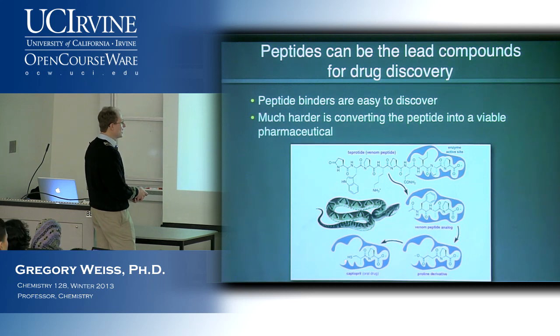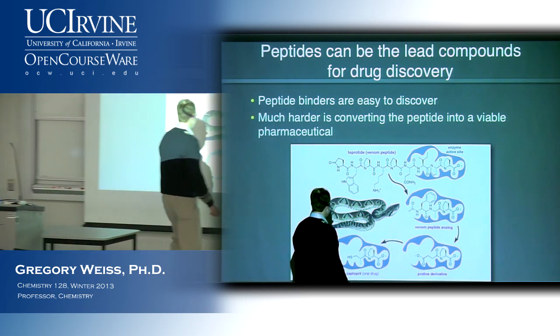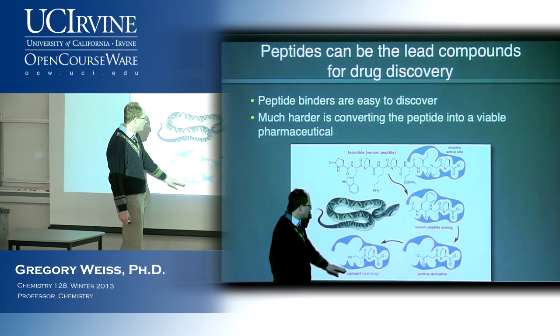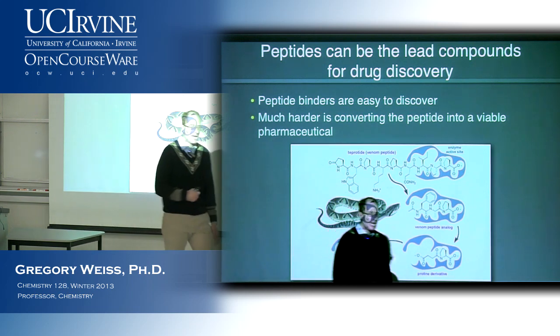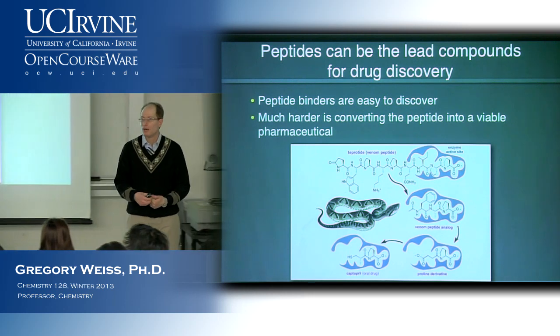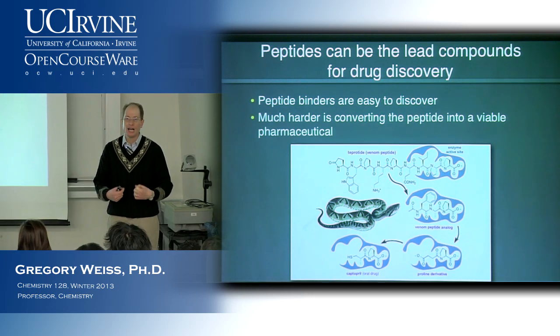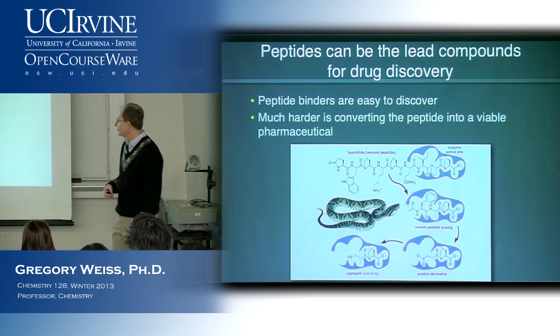But if you make this version over here, this actually is orally available as a drug. This is actually a prescribed pharmaceutical, and this actually survives in the stomach. So even though it has an amide bond, it's not getting chewed apart by proteases. It's surviving in the protease-rich environment of the stomach.